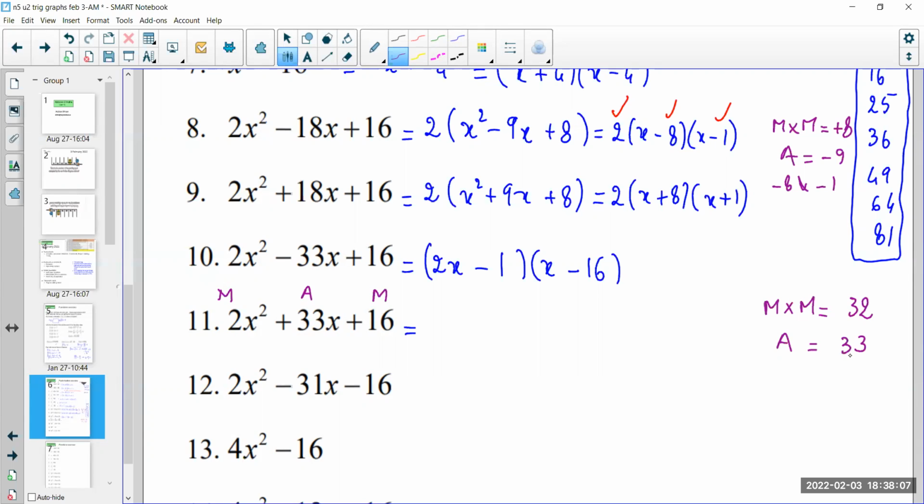What are those 2 numbers? If I times the 2 numbers, I get 32, and if I add them, I get 33. Can someone think about that?